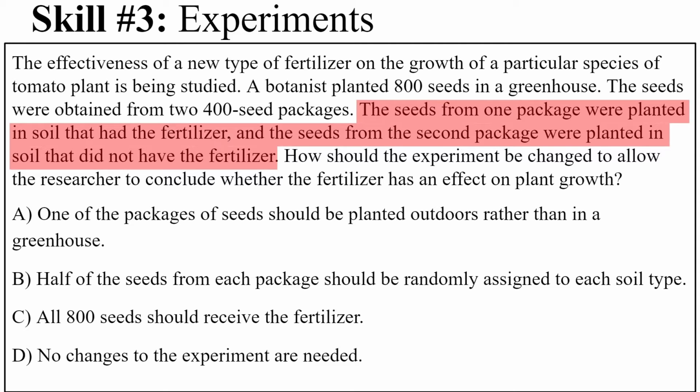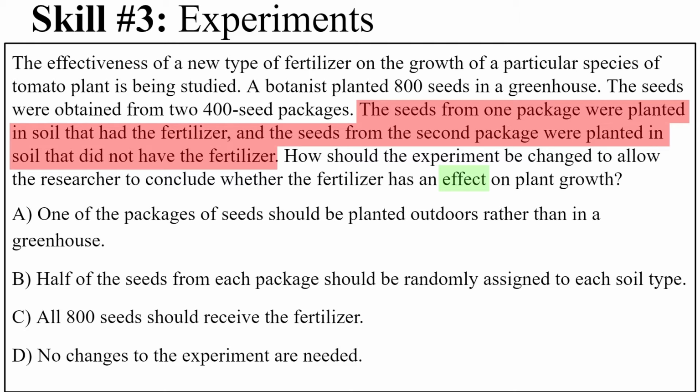The thing that jumps out to me first here is that it says the seeds from one package were given fertilizer, and the seeds from the second package were not given fertilizer. This sounds a lot like the school example. That doesn't sound like random assignment. So that's a problem.